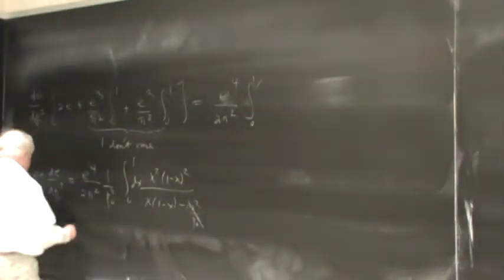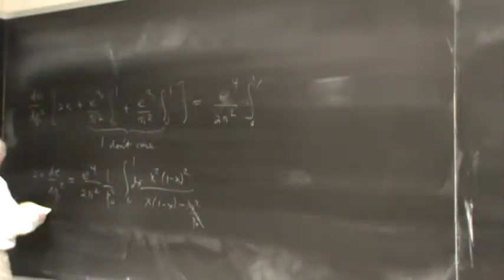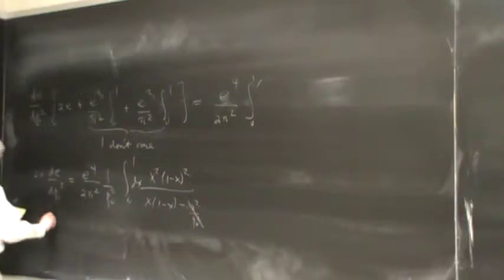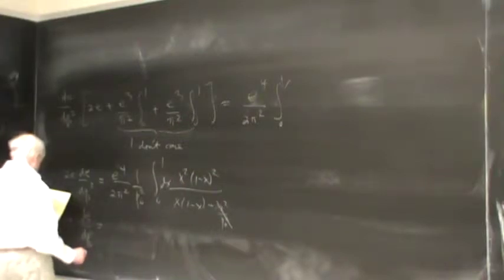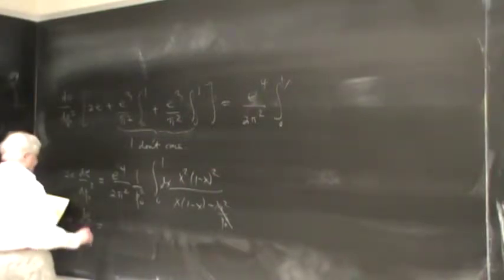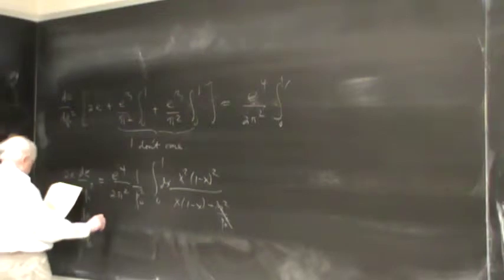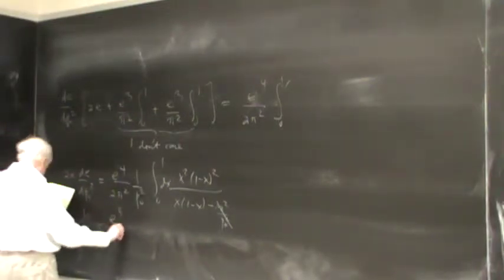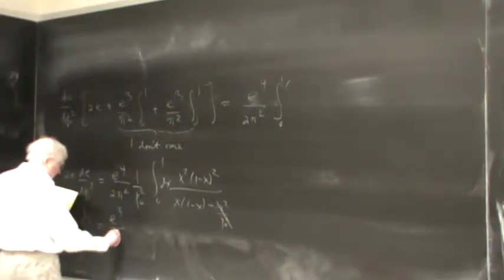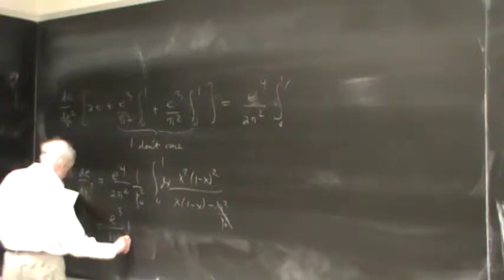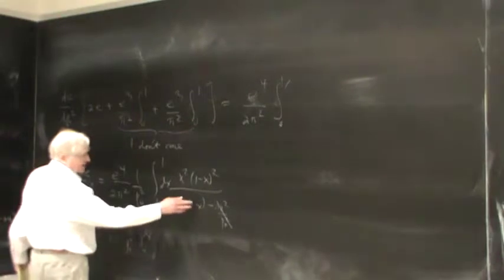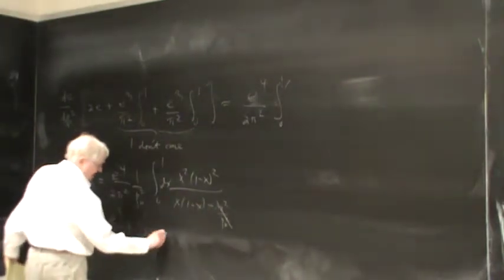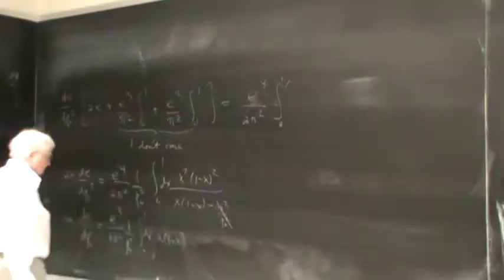And then, after we cancel things, dE dp0 squared is equal to, canceling the 2e and everything, e cubed over 4 pi squared, 1 over p0 squared, and now it's an integral 0 to 1 dx. And neglecting that, it's just x 1 minus x.